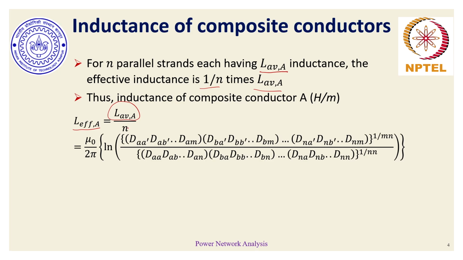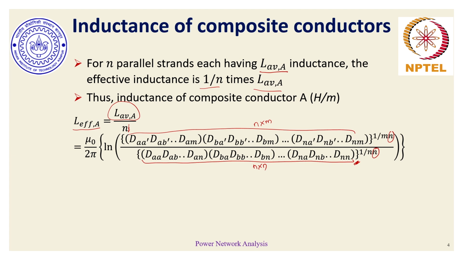So this 1 by n factor gets reflected over here in the natural log numerator and denominator. And now if you recollect our previous slide discussion, the numerator is the product of m comma n distances and the denominator is the product of n comma n distances, and for the numerator the 1 by m into n root is being taken, and for the denominator the 1 by n into n root is being taken.